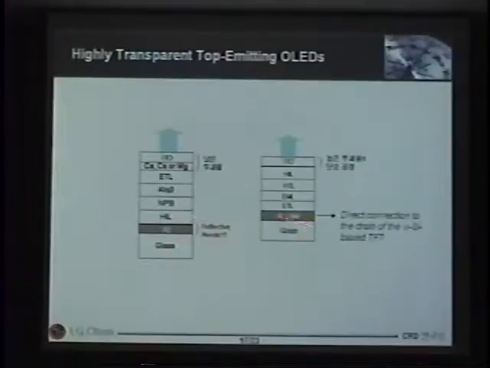But if you make a device like this, you deposit aluminum first and lithium fluoride after that, then it means that lithium fluoride does not have a chance to be exposed to the high energy aluminum, because just after the deposition of lithium fluoride, the next processing is the deposition of low energy organic molecules. Okay? Then this device should not work.